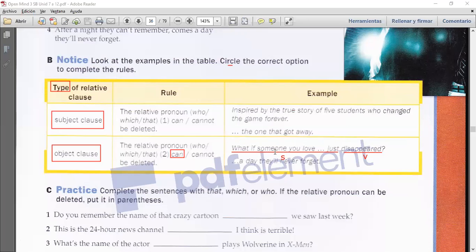Within the sentence, okay, what do we have? We have the clause, the object clause within the sentence. How do we notice that? You love. This is the clause. This is called an object clause.